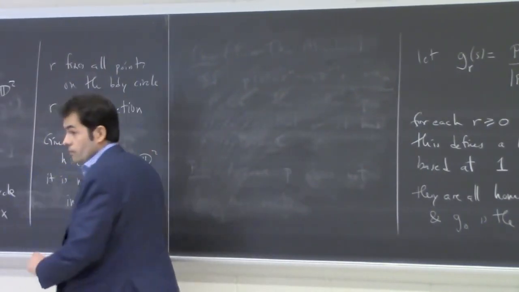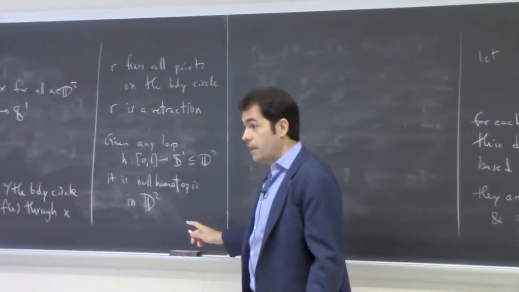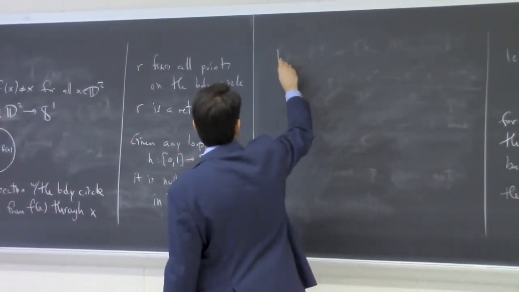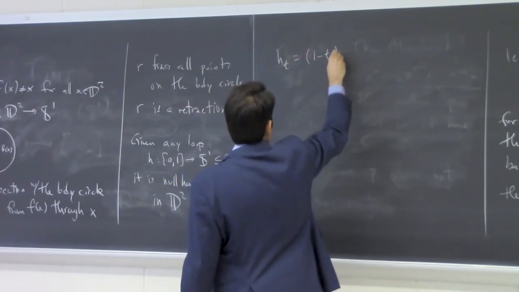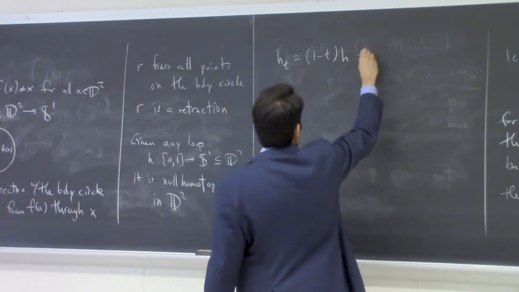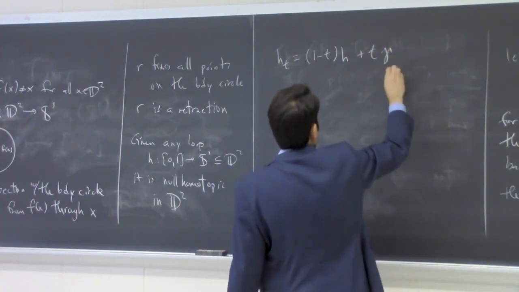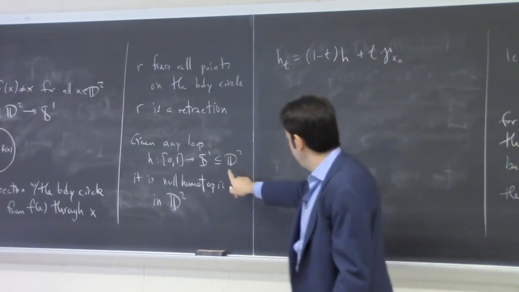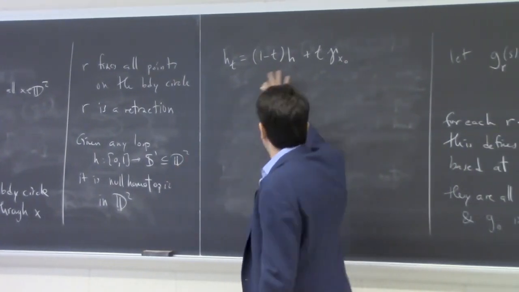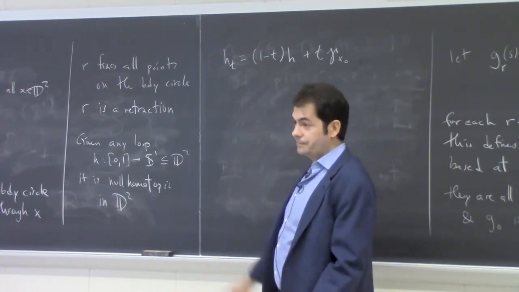Can you just repeat why any loop like that is null? Certainly, yeah. So what you can do is take h sub t to be 1 minus t times h plus t times the constant loop at the base point, right? And because D2 is convex, this stays inside D2, right?